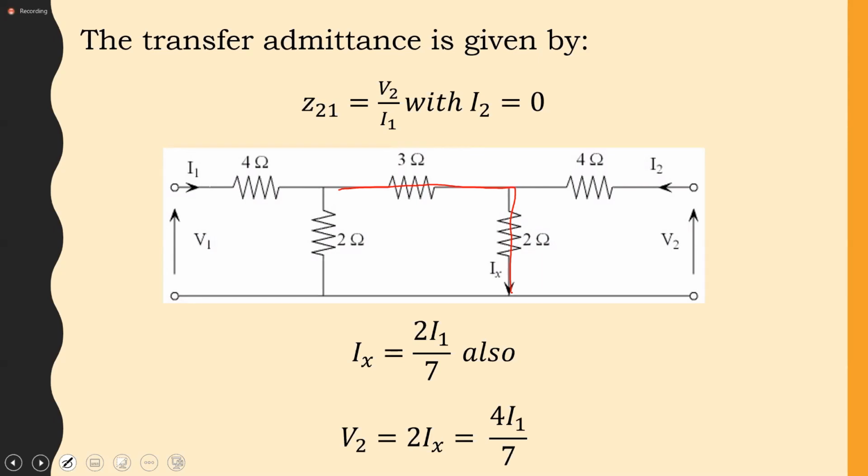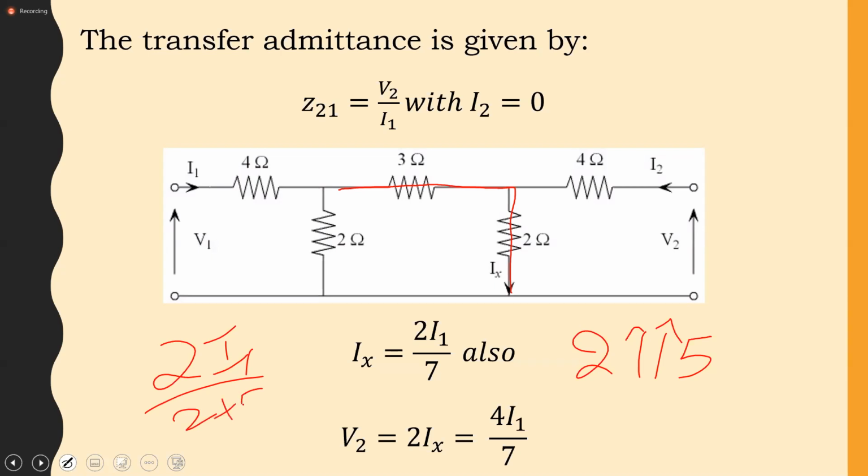That they are in series. Okay, so what's the issue? Sir, the denominator. Why is it 7 and not 2 parallel 5? It can't be. We're using current division. So you're dividing between 2 and 5. So it is 2I1 over 2 plus 5. That's the current divider rule.